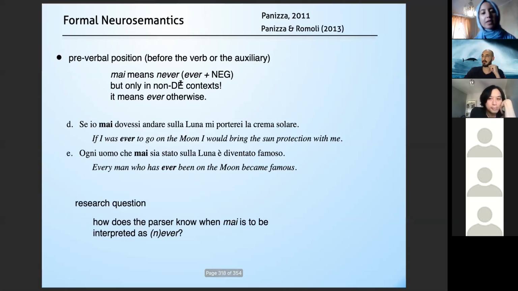I have a question. For example, in the D1, if we have "mai" after "dovessi", it would be the same. Or because, for example, I would have said "mai" after "dovessi" if I normally speak. Yeah, exactly. Good point. So we put it in pre-verbal position to check that it wouldn't have a negative interpretation, right?